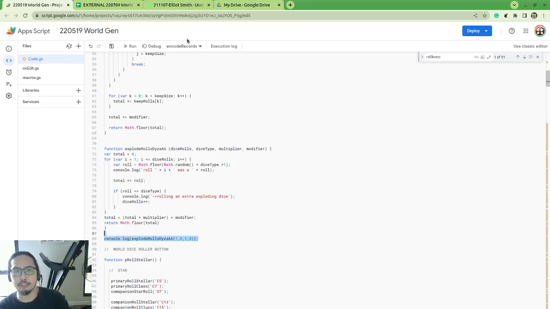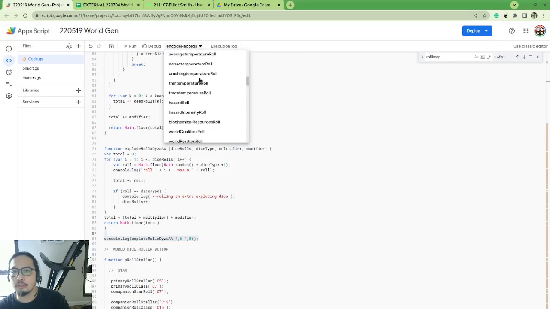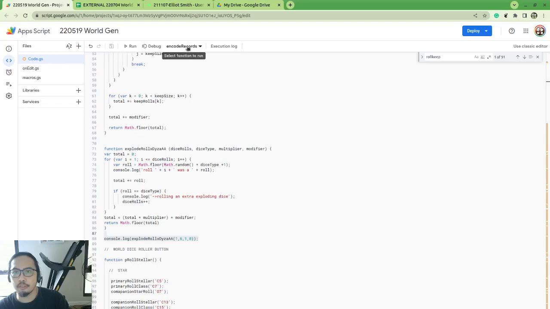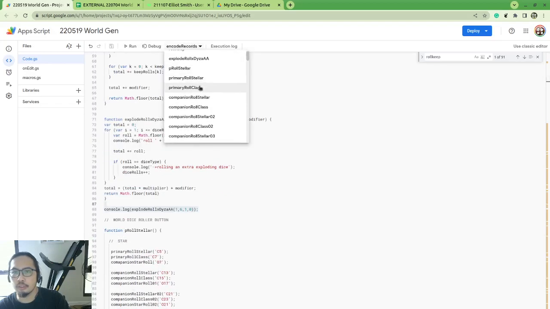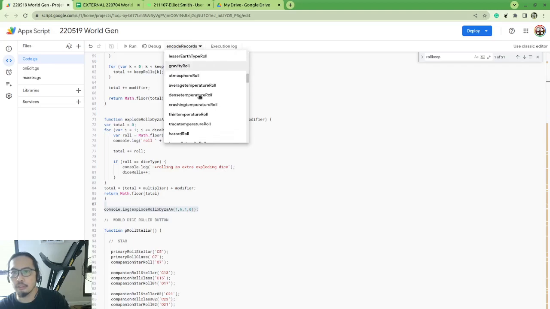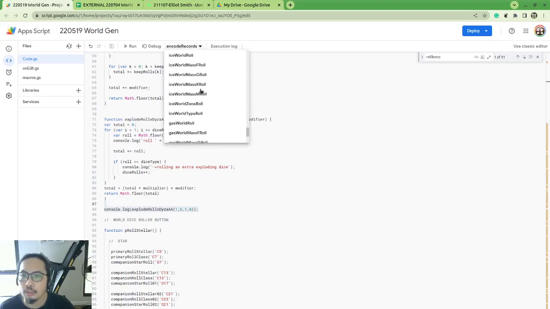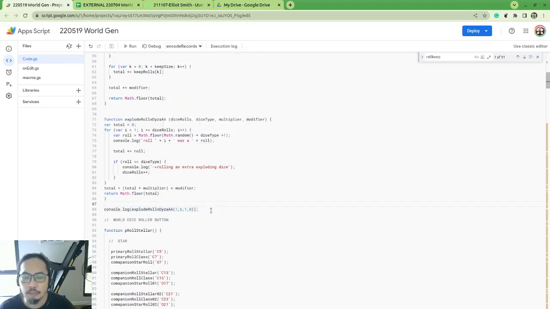Completely forgot how to use this. Run the selected function. Wait. Save. Let's see if console log is one of the functions. I completely forgot how to do this.